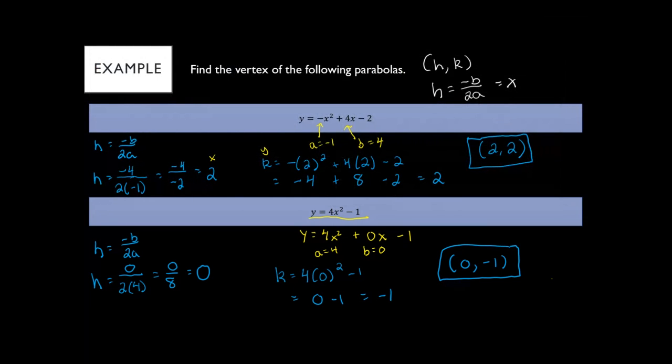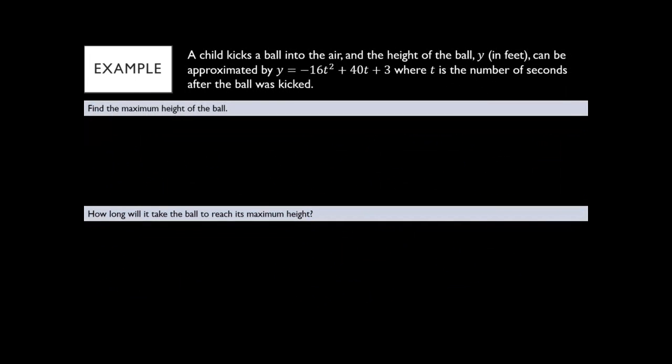So that's the basics, but what you really use this for is word problems, of course. So I've got only two word problems, don't worry. A child kicks a ball into the air, and the height of the ball, y, in feet, can be approximated by y equals negative 16t squared plus 14t plus 3, where t is the number of seconds after the ball was kicked.